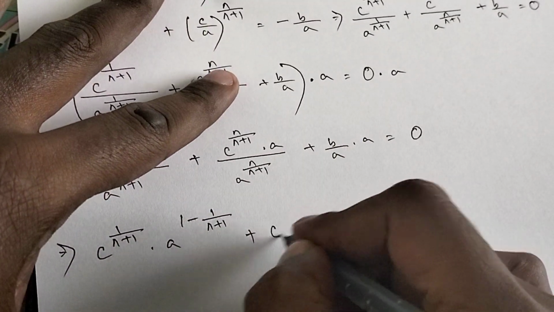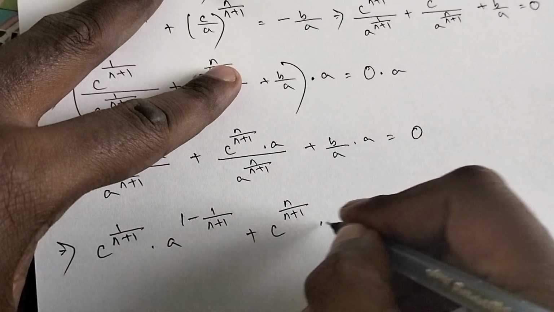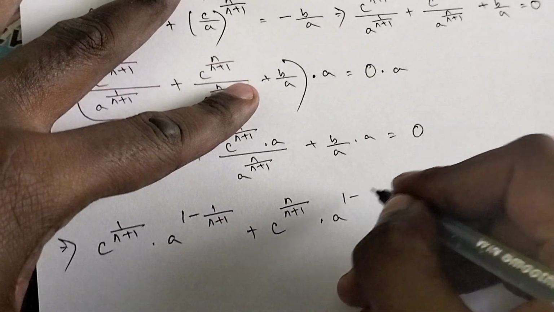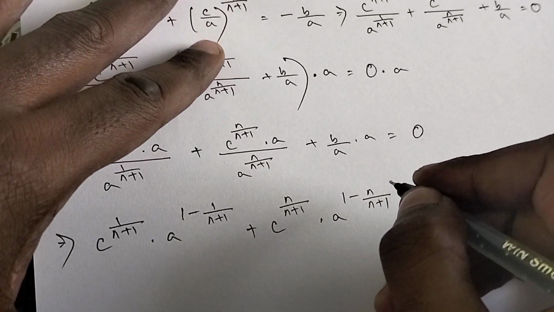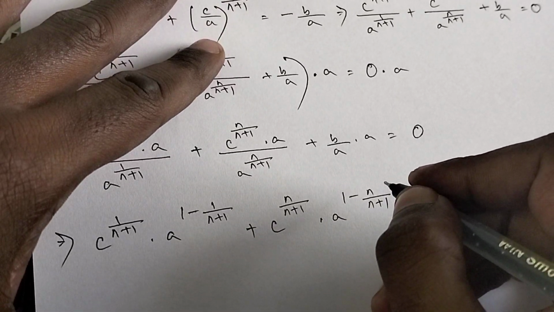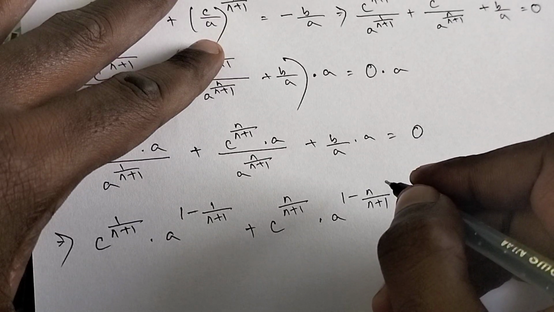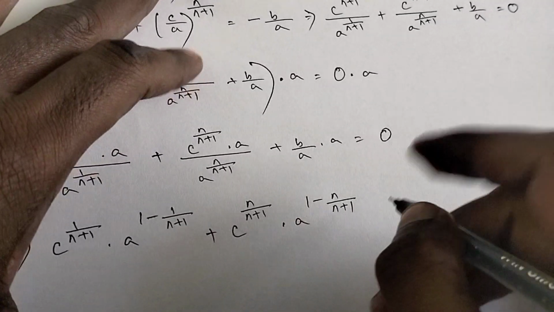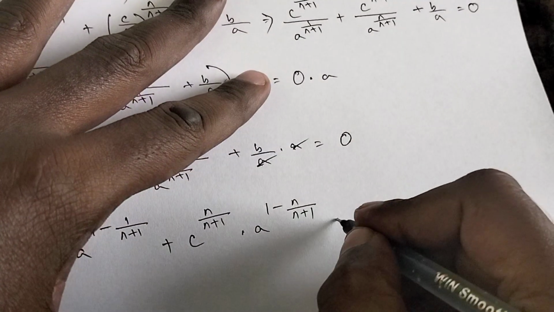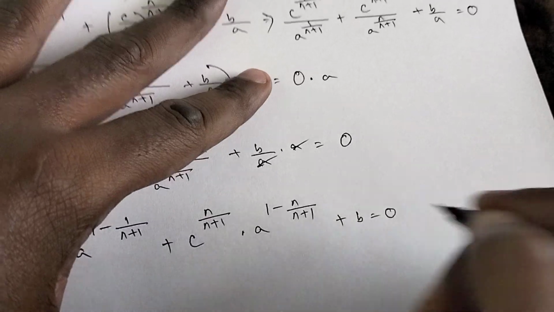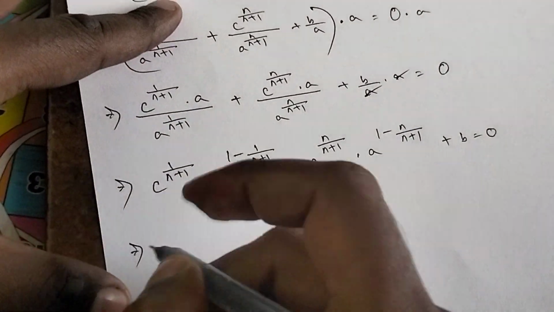Plus c to the power n by n plus 1 into a to the power 1 minus n by n plus 1, right? Now here a will get cancelled, so plus b is 0, right? So what will happen next line?